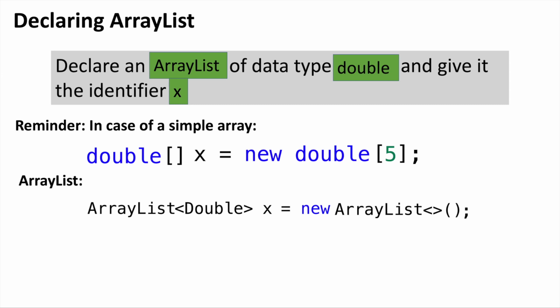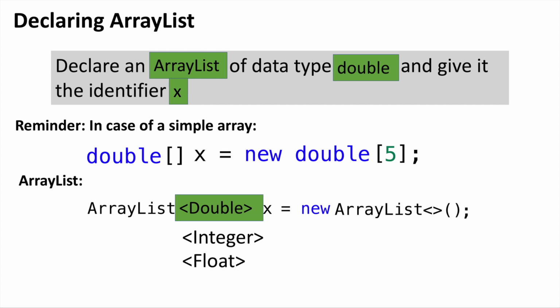So now we have an array list called X, and it's created in the computer memory and ready for us to use. Now, instead of double, you could have used integer. Notice we did not use int. We use Integer with an uppercase I. And then you could have used float, or String, or an object of whatever object it is.